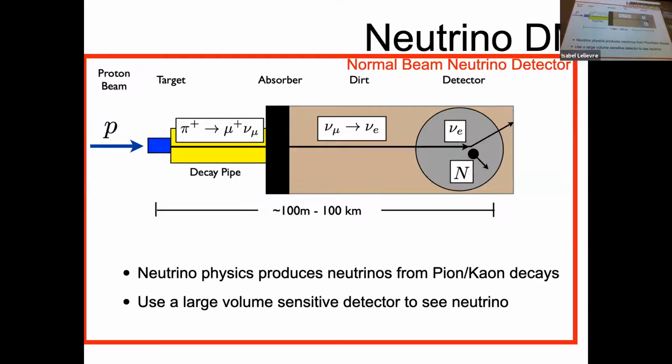This is not so different from what I showed you earlier, where we produce mesons and have them decay to dark photons. But in this case, they decay to neutrinos. Then your neutrinos can do something fun, like oscillate, and then you try to detect your neutrino in a nice large volume detector. And you can imagine, in the case of looking for dark matter, having the same scheme.